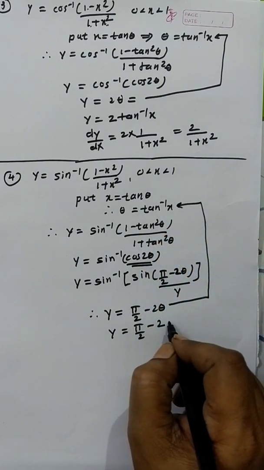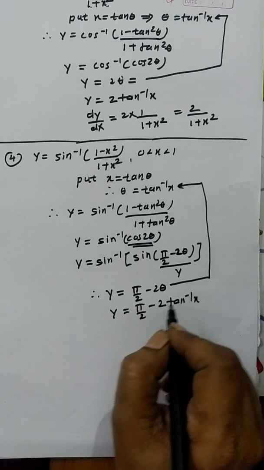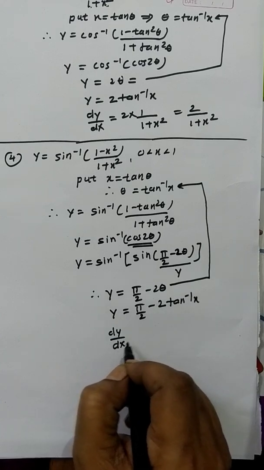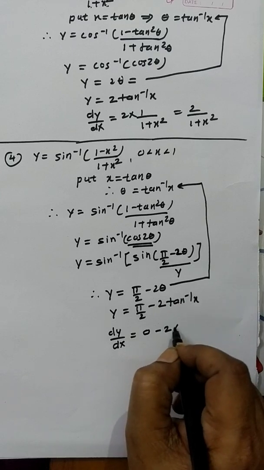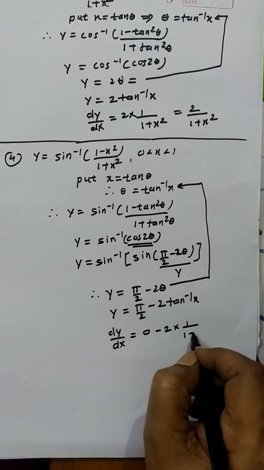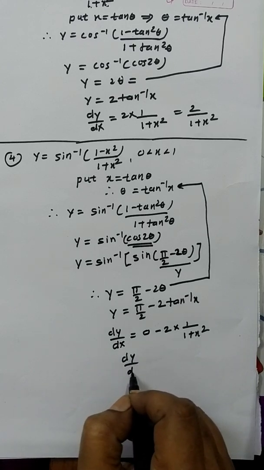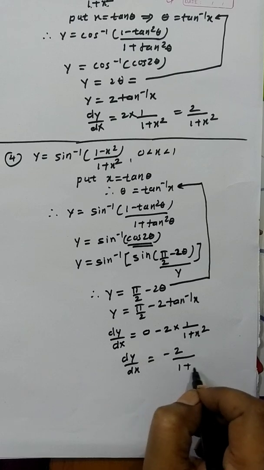So this is pi by 2 minus 2 times tan inverse of x. Now we can differentiate. Therefore dy by dx equals the derivative of pi by 2, which is a constant, 0, minus 2 is constant, tan inverse of x is 1 upon 1 plus x square. Therefore, dy by dx is minus 2 divided by 1 plus x square.